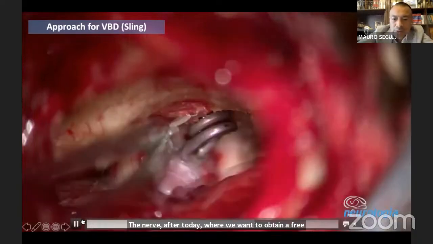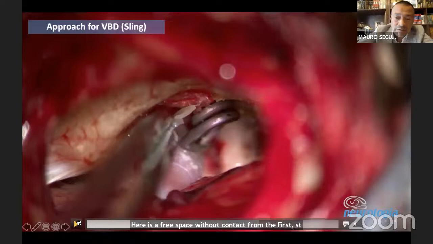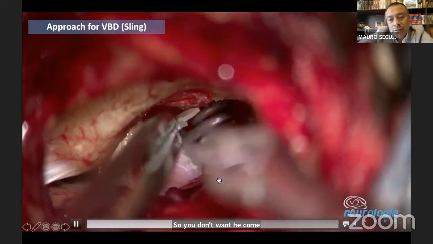And stop. Here is a free space without contact from the basilar artery. This patient was discharged yesterday. This patient is a young man with a life expectancy of maybe 3, 4, 5 decades, so we don't want him to come back shortly.